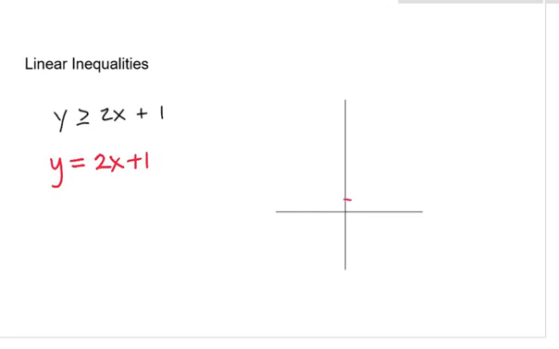Here we've got y-intercept 1, slope is 2, so that's kind of steep. This has the point 0, 1 on it. Maybe it also has the point, say, x is 2 and y is 5. So use that 2, 5 point here.